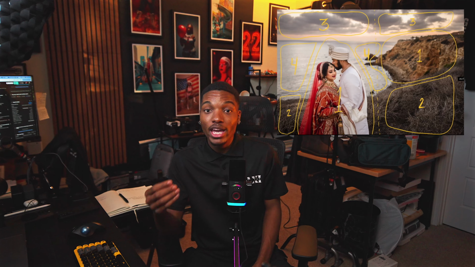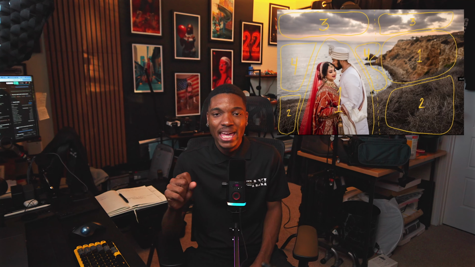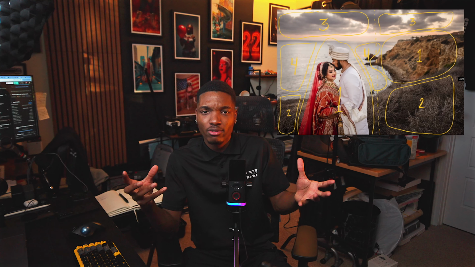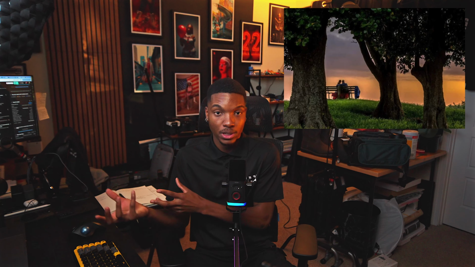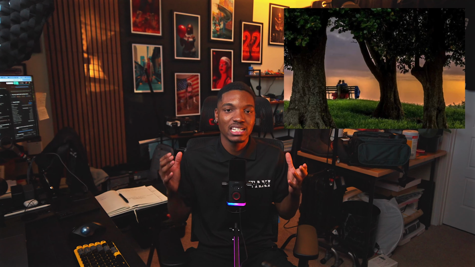So a bright window might be 3 points. You might have these people right here that may carry more visual weight. On the left side of the image, you have a person or a group of people. That's 1 point. On the right side of the image, you may have a group of trees. That could be 2. That could be 1 point as well, right? So each group or each individual can be counted as 1 point on each side of the image.